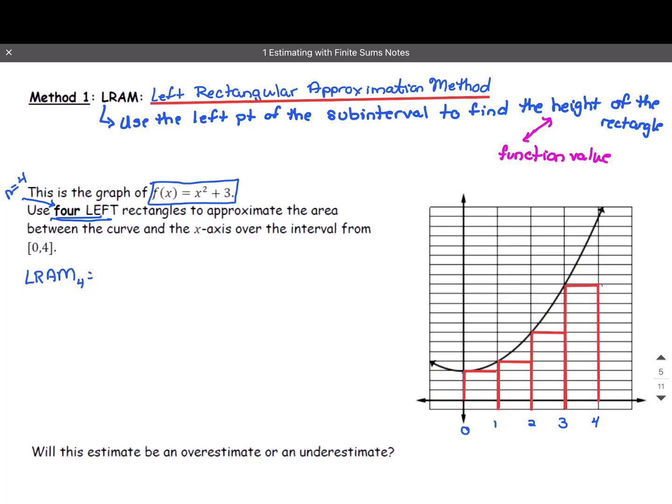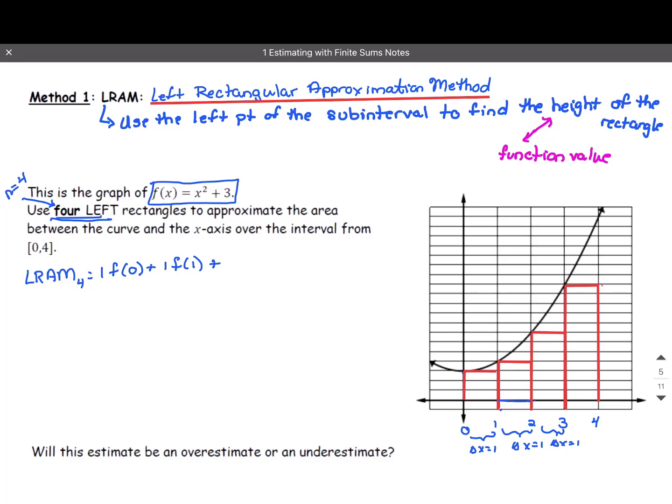Now, what is that in actuality? This first rectangle, now notice the change in x is 1 on all of these, so the base is 1. Now, how do you find the area of a rectangle? It's just base times height. So the base is 1, and the height of the first rectangle, we use the function value at 0, plus the second rectangle, the base is still 1, and we used the 1 to find the height of the function.